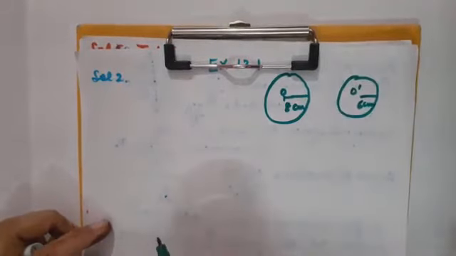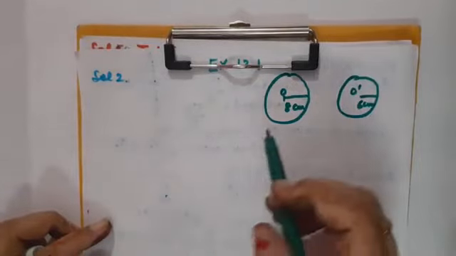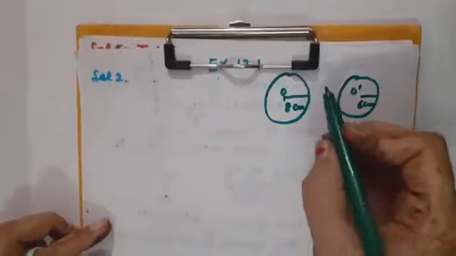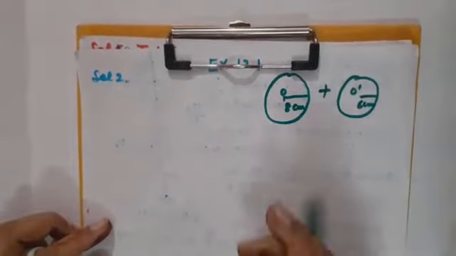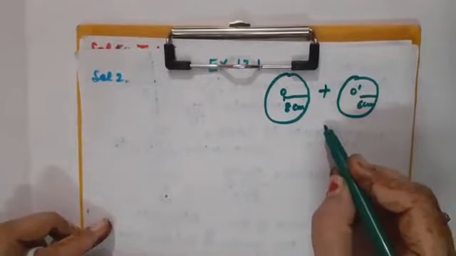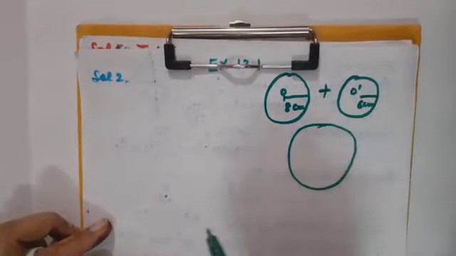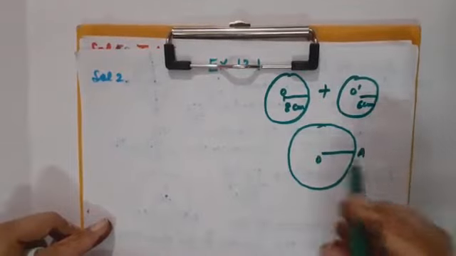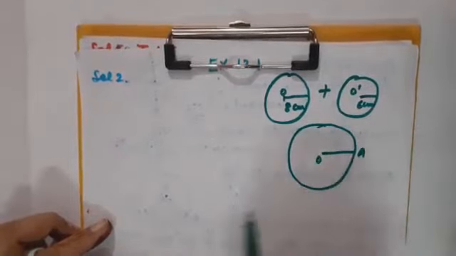Correct? What else is said? Find the radius of the circle which is having the area equal to the sum of the areas of both of these circles. So definitely that will be a little bit bigger circle. Yes or no? So I am going to calculate the area of this bigger circle now.